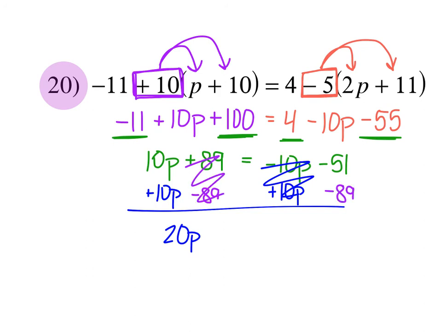So I'm subtracting, same signs here, so I'm going to keep the sign and add. That means this is going to be negative, let's see, that makes 10, carry the 1. 140, so negative 140, and then we're going to divide both sides by 20, and we finally get p by itself, and that equals negative 7.